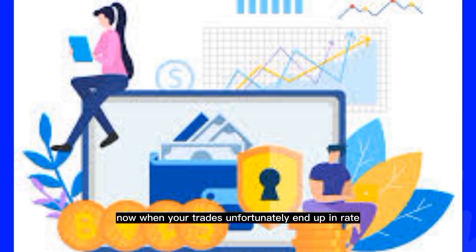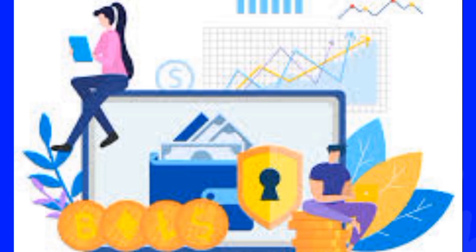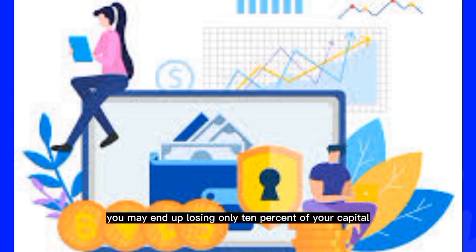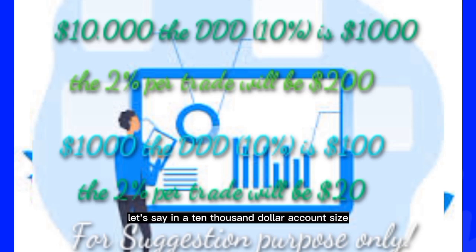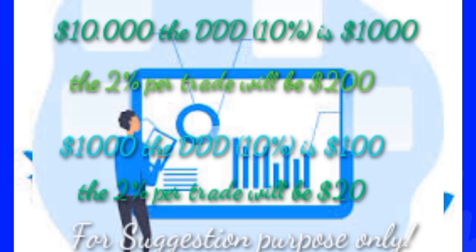Now when your trades unfortunately end up in red with 2% losses using stops and lot size that can take only 2% per trade, you may end up losing only 10% of your capital. So let's say in a $10,000 account size, your DDD is only $1,000.